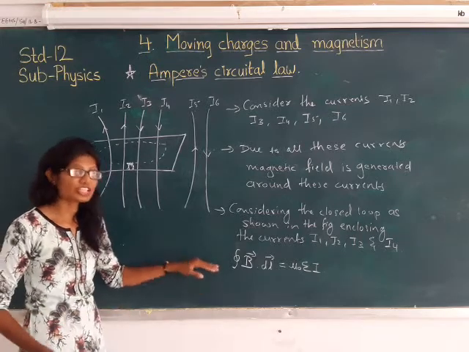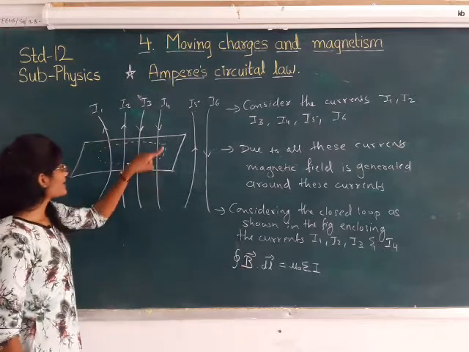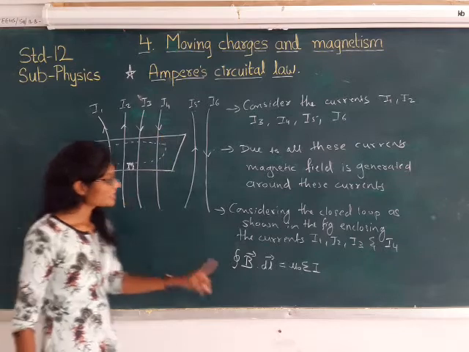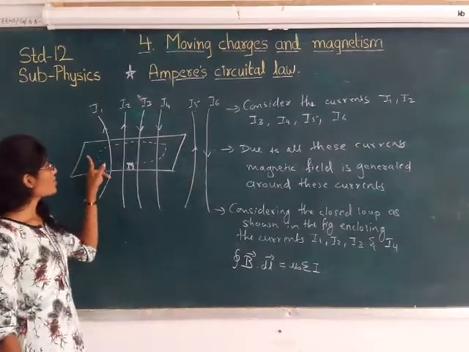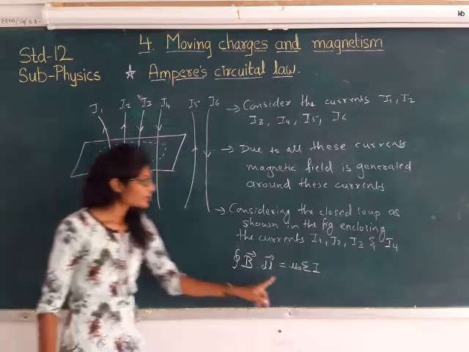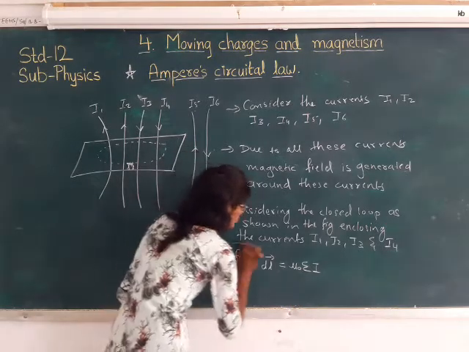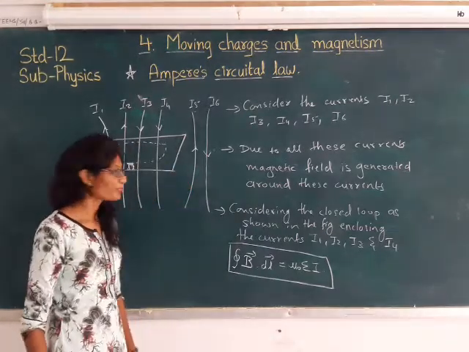This is about the Ampere circuital law. Ampere circuital law states that the line integration of the magnetic induction over the closed loop is equal to the product of the summation of the currents that is enclosed in the loop into the magnetic permeability. So this gives the statement of the Ampere circuital law.